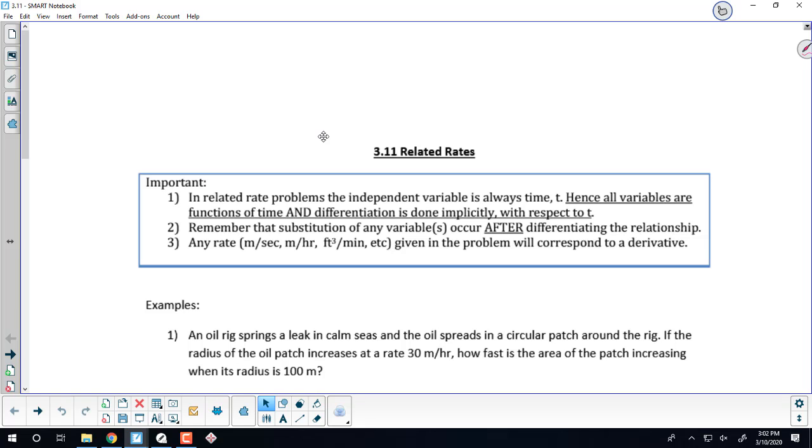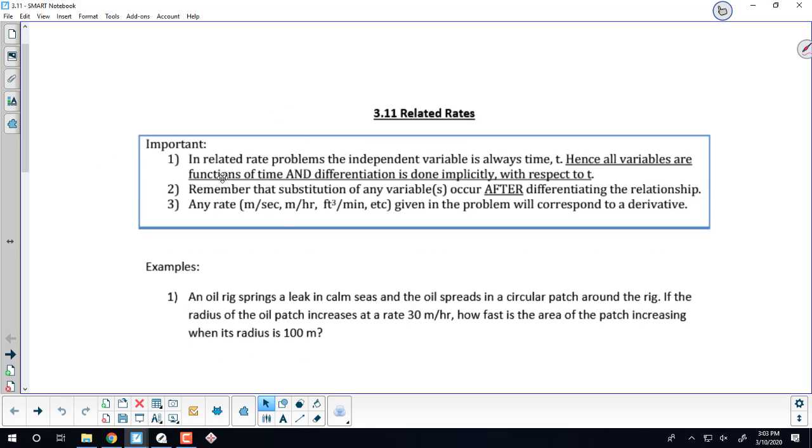Example 1 says there's an oil rig that has sprung a leak. We want to know how fast the area of that patch is increasing. In all of these, we're relating rates to one another because, like in a circle, the rate of the radius versus its area are changing. It's always a fixed relationship. The cube's side length versus the volume is always fixed.